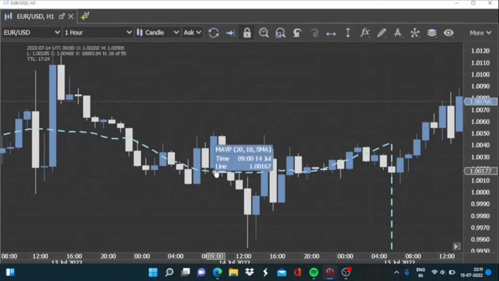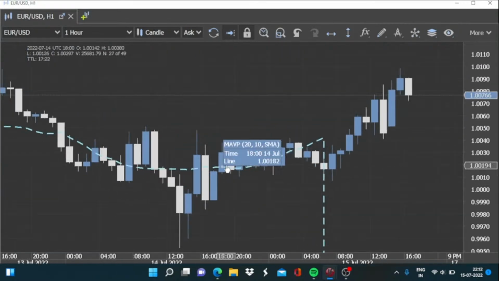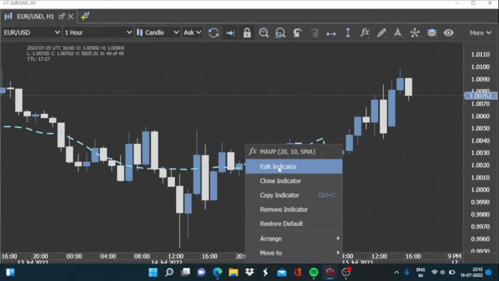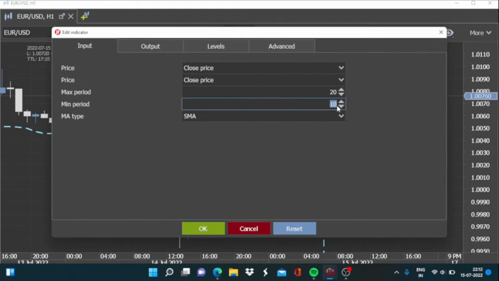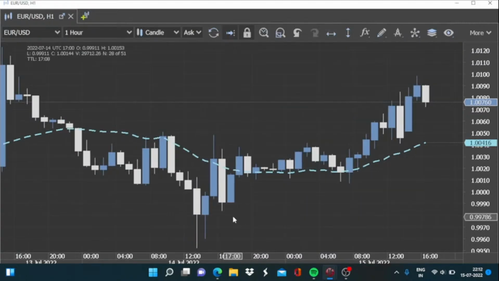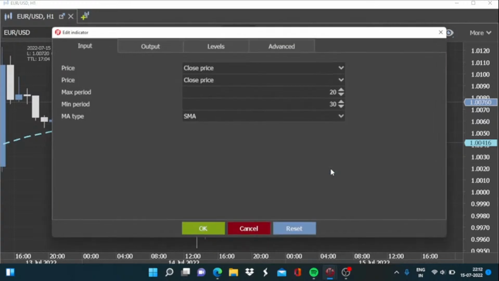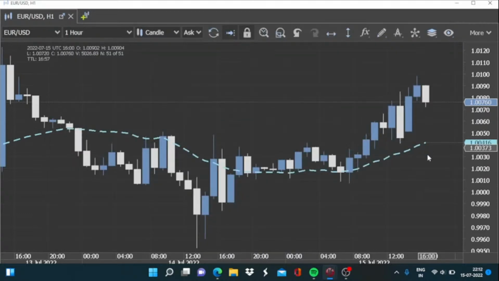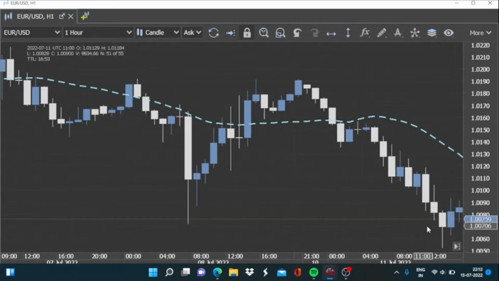And the utility of this indicator is in its ability to give us a good idea of where the trend is. Let us try a different combination, say 30. All right, so we have now a combination of 30 and 20, and let us try some different combination of 20, 25, and 20, 25 is also quite stable.